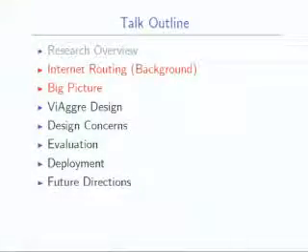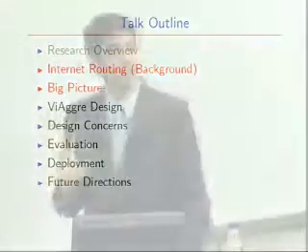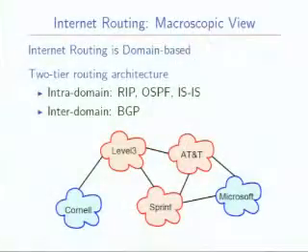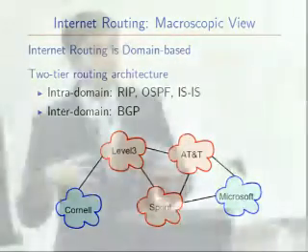So the way I've set up the rest of the talk is that I'll begin with some basic information on internet routing, which I'm sure most of you know anyway. It will help me come up with a crisp problem statement, and it will help me place this work in context. So, internet routing. Internet routing is domain-based, wherein the domains are independent autonomous entities.